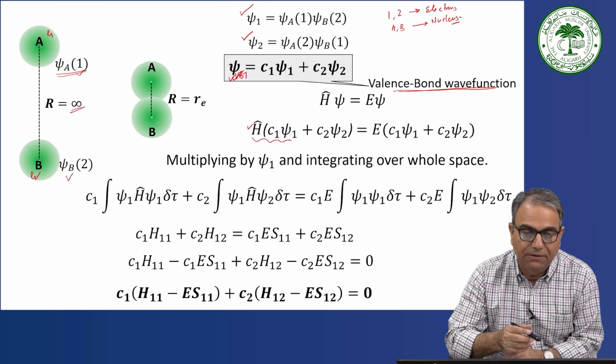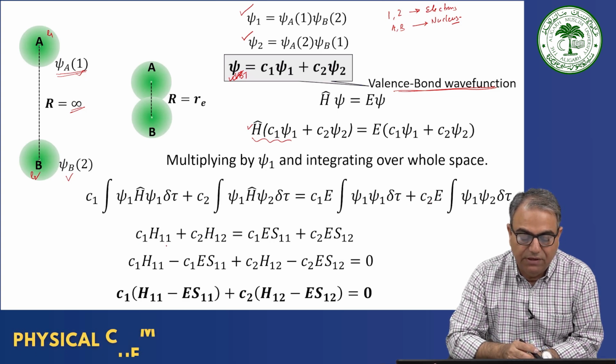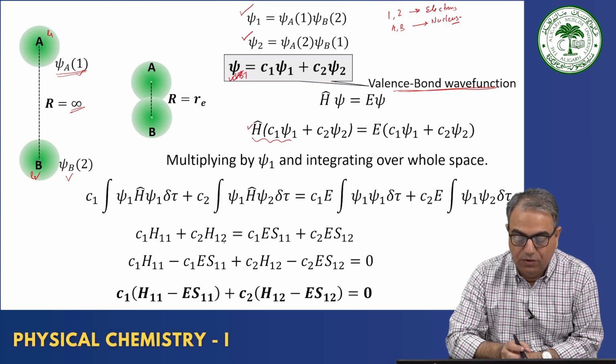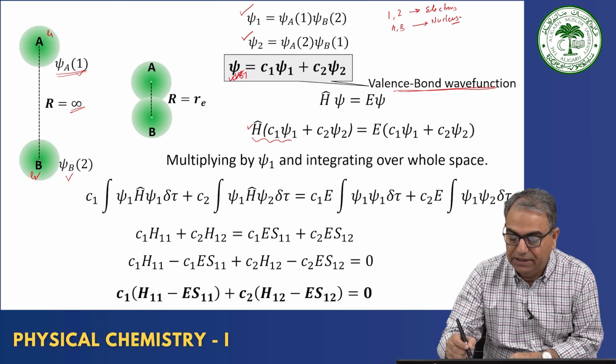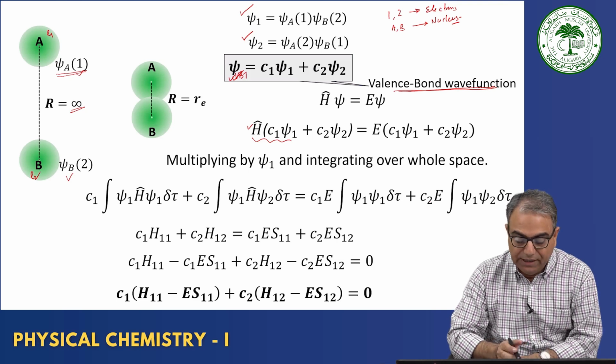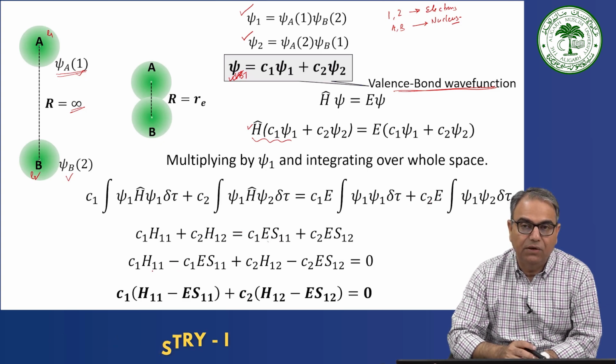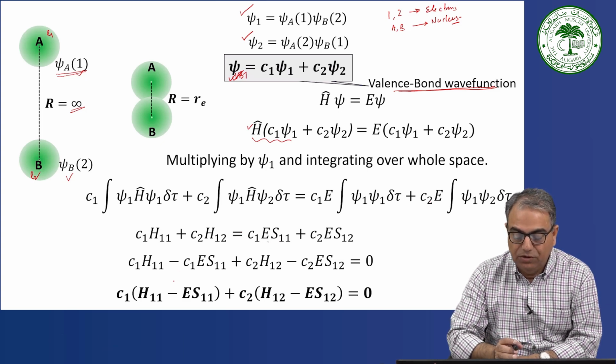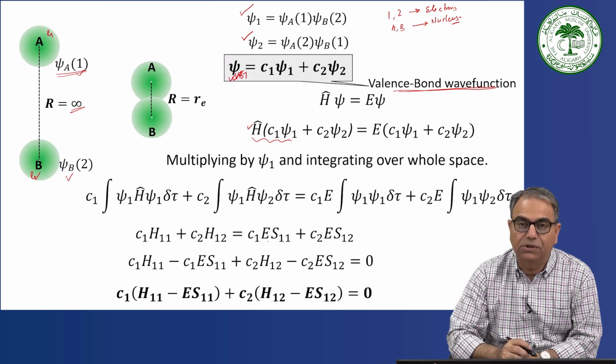So if you write this, it will be C1 H11 plus C2 H12 equals C1 E S11 plus C2 E S12. If you rearrange this, all C1 terms you bring on the left side, all C2 terms on the right side, and then you can write C1 into (H11 minus E S11) plus C2 into (H12 minus E S12) is equal to 0.